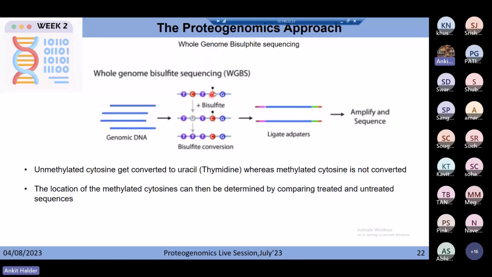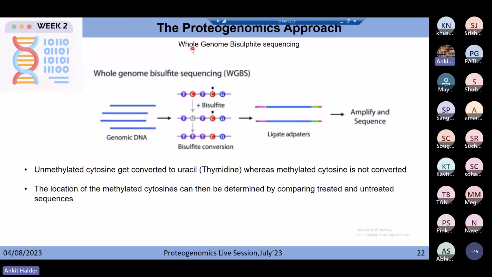Here, as I mentioned, the cytosine remains methylated. When bisulfite is added to the mixture, it lets the cytosine get converted to uracil, which in the reads is taken as thymidine.